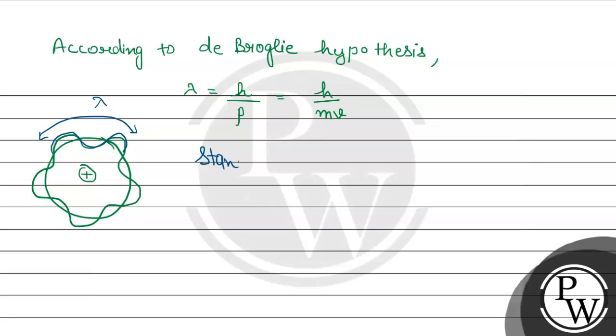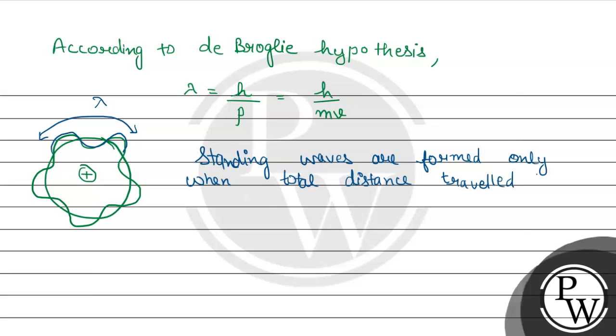So we can write: standing waves are formed only when the total distance traveled by a wave is an integral number of wavelength lambda, which is the de Broglie wavelength.